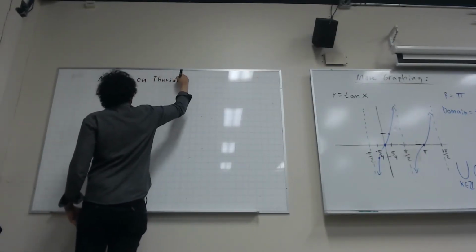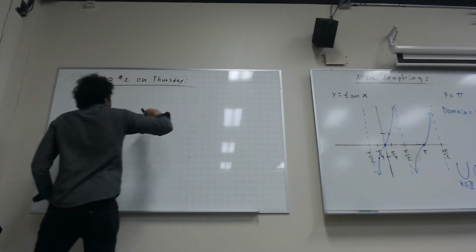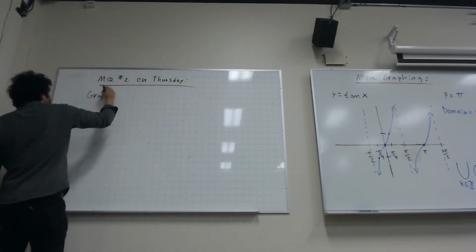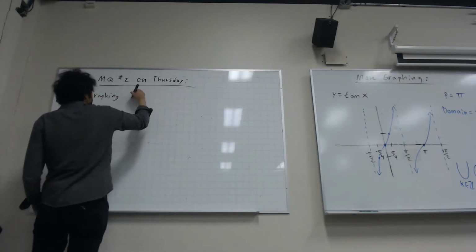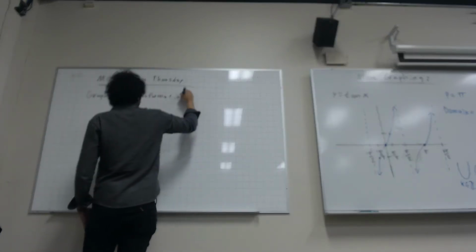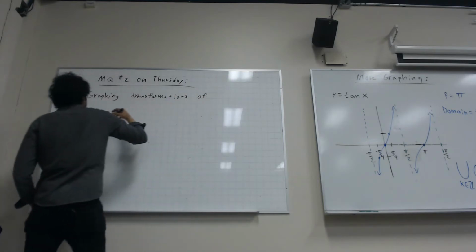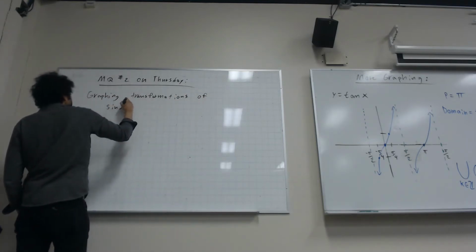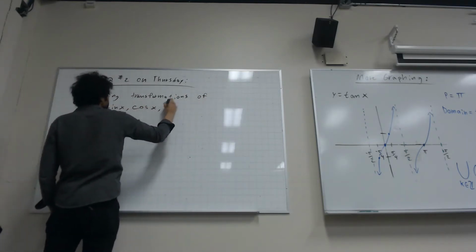Is it going to be super crazy ones like phase shifts, vertical shifts? Yeah, graphing transformations of sine, cosine, tangent.